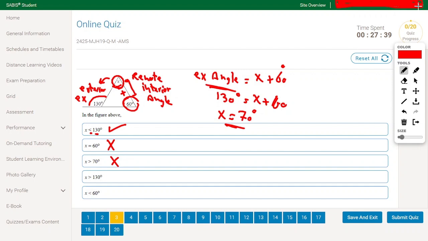But if it said x equal to or bigger than 70, I could choose this one. But here I cannot say it's right, it's a wrong answer. x bigger than 130, no, wrong answer. And x less than 60 degrees is not the right answer. So the answer here is x less than 130.